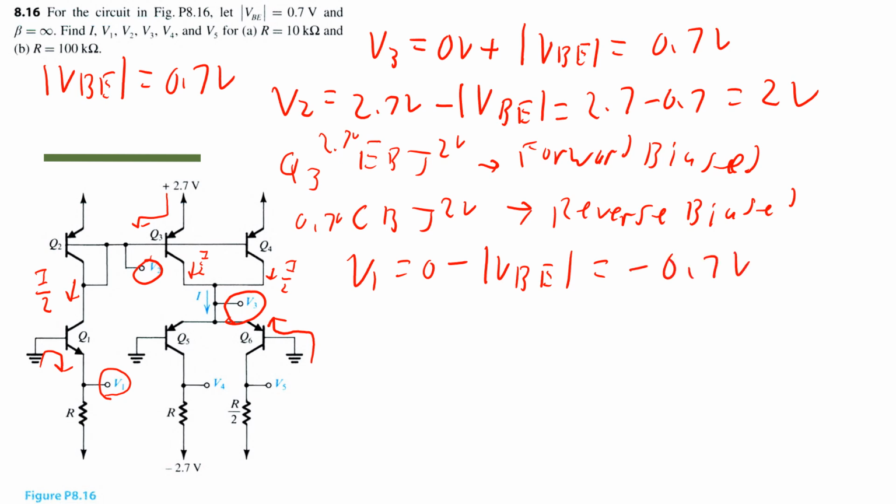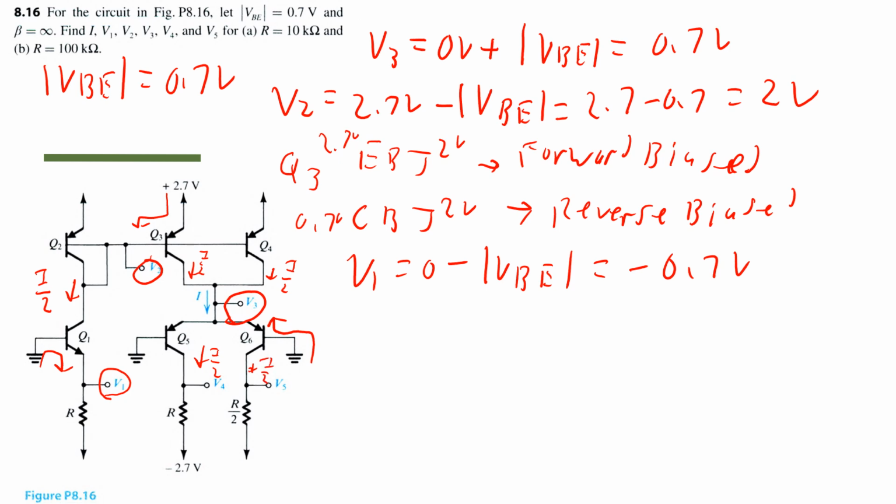Again, notice that this calculation did not require the resistance. For now, let's assume that Q5 and Q6 are also in active region and also equally split the current. So we have I over 2 here and I over 2 here.